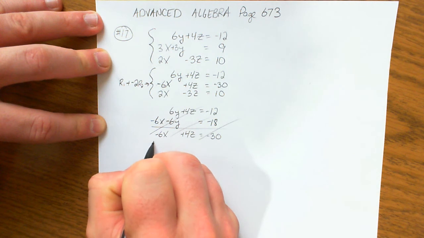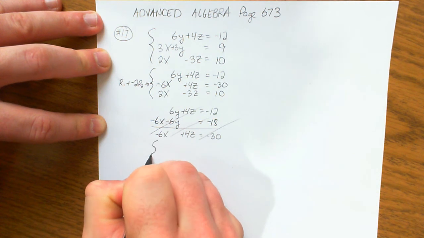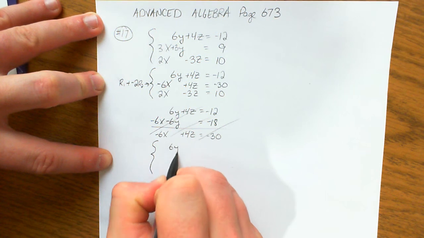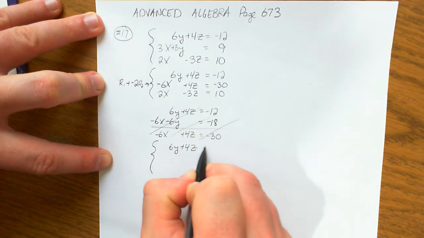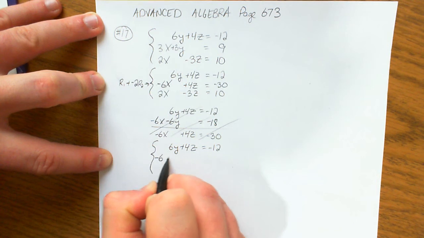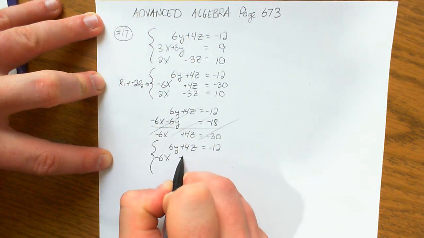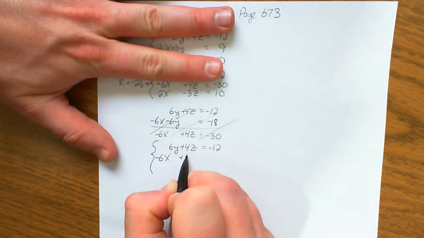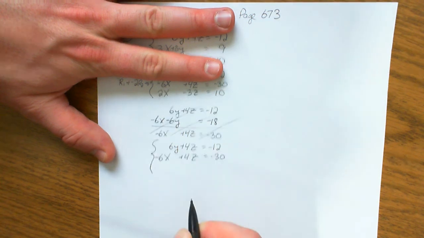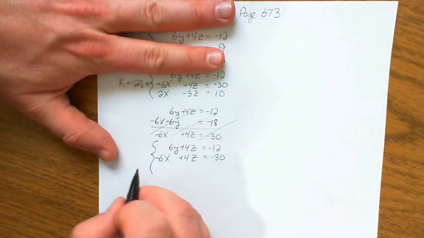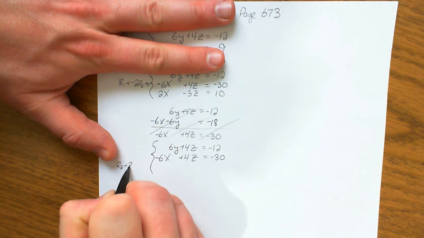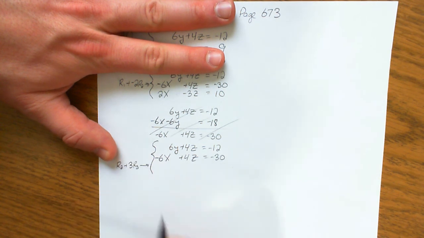So I have my curly bracket, and we rewrite the first one: 6y plus 4z is equal to -12. I'm not changing this one. And my third one, what we decided to do was to take row 2, and we're going to add to it 3 times row 3, and it will give us this.